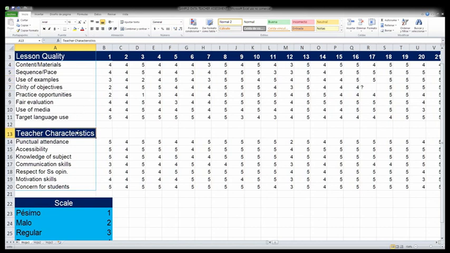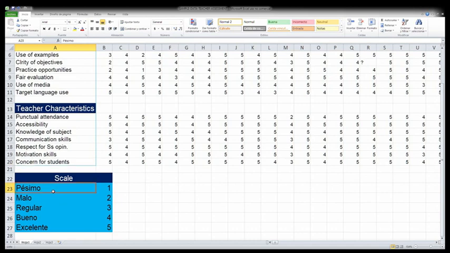We also had another section of teacher characteristics in which we included punctual attendance, accessibility, knowledge of subject, and so on and so forth. Now, if you remember, our scale was from 1 to 5, where number 1 was really, really bad and number 5 was outstanding.